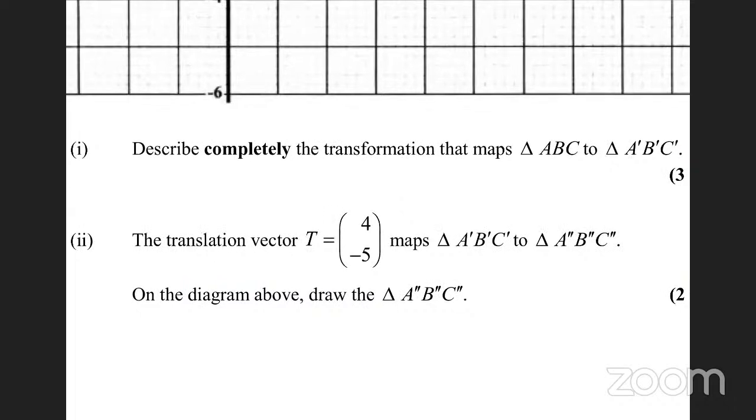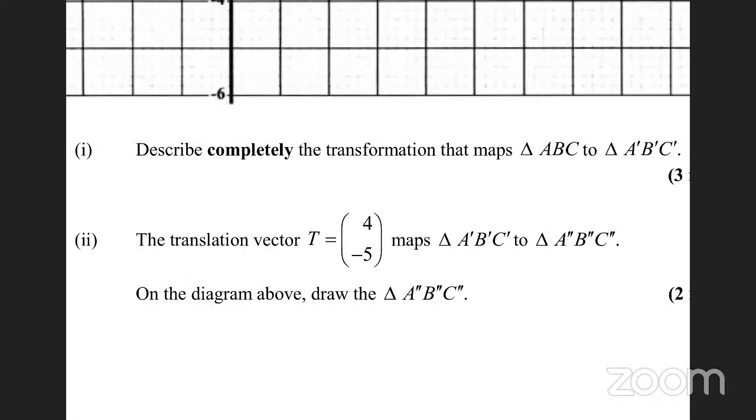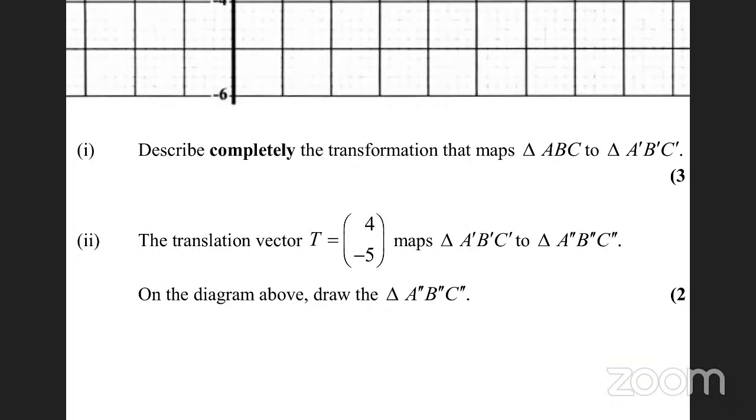Can anybody tell me how to do that translation? How do we translate 4, minus 5? What does it say? 4 to the right.